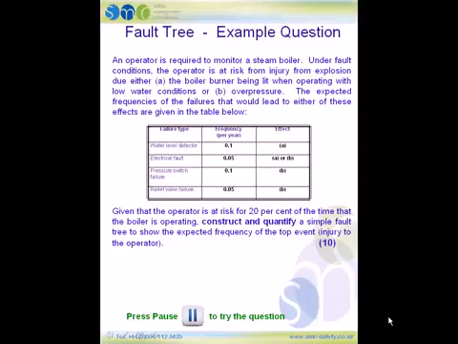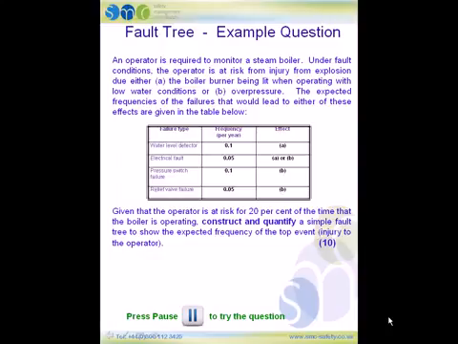The expected frequencies of the failures that would lead to either of these effects are given in the table below. For A, the boiler burner being lit, the water level detector fails at a frequency of 0.1 per year, or an electrical fault at 0.05 per year.